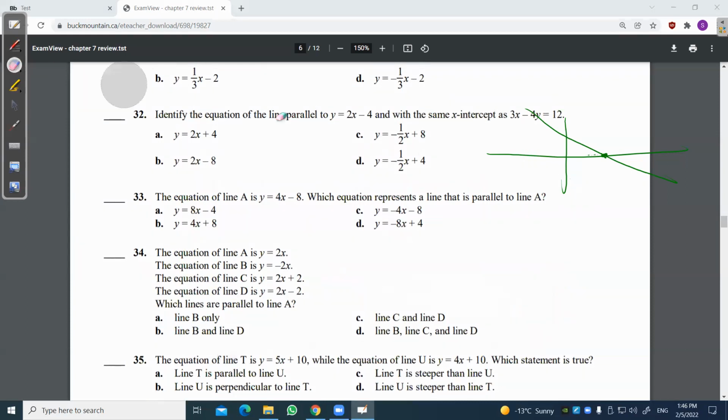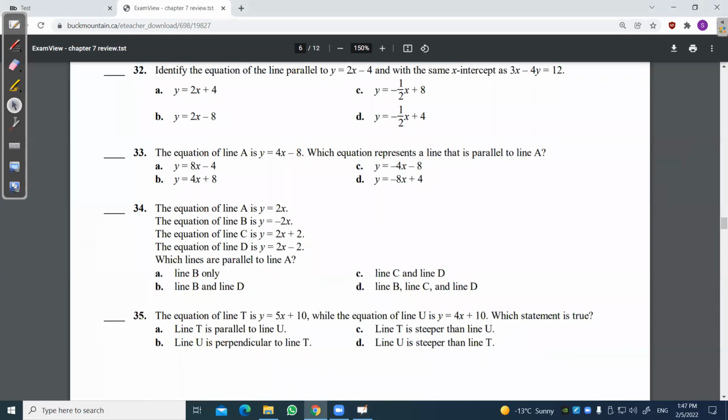The equation of a line is 4x minus 8. Which equation represents a line that's parallel to line A? B. Yes, that one was pretty easy. 34. So we have this equation and it's asking us which one of these is parallel to line A. There are 4 different equations.